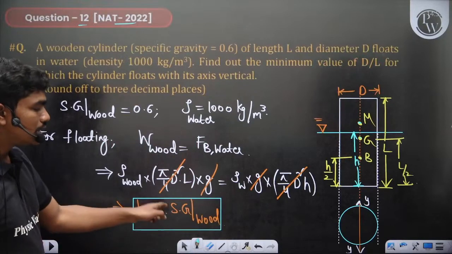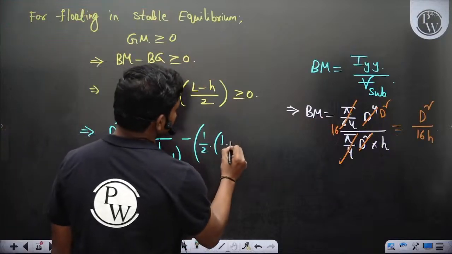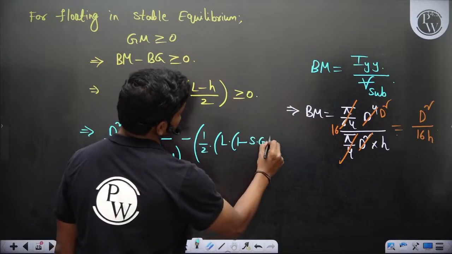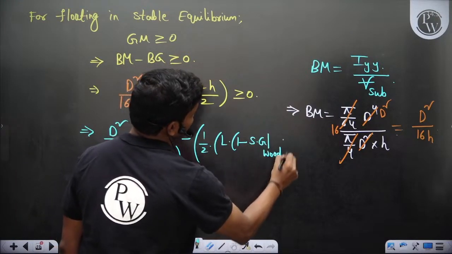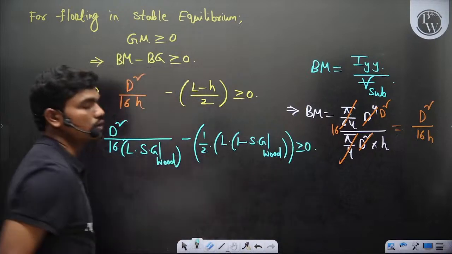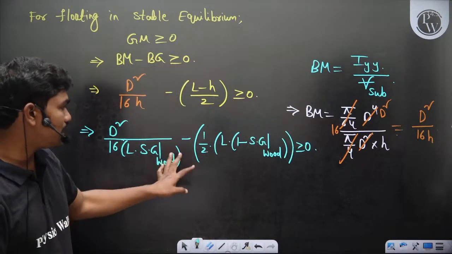So L minus L times specific gravity of the wood, that is L into 1 minus specific gravity of the wood. This should be greater than or equal to 0. That's all. Now you have everything in terms of d and L.